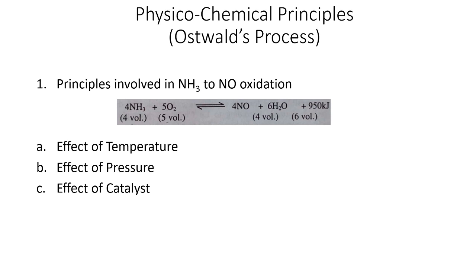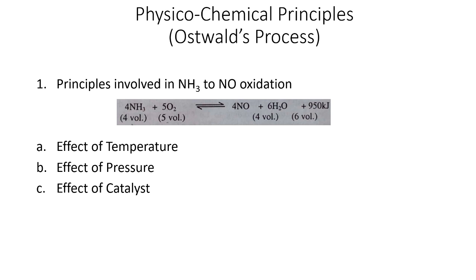Okay, so here preheated air is passed, which is at the temperature of 300 degrees Celsius, and catalyst temperature is 750 degrees Celsius. Then only this reaction will take place, and if such a catalyst is used, the yield of nitric oxide, that is conversion of ammonia to nitric oxide, is 94 to 95%.